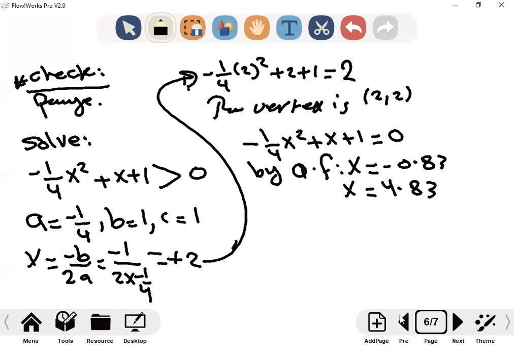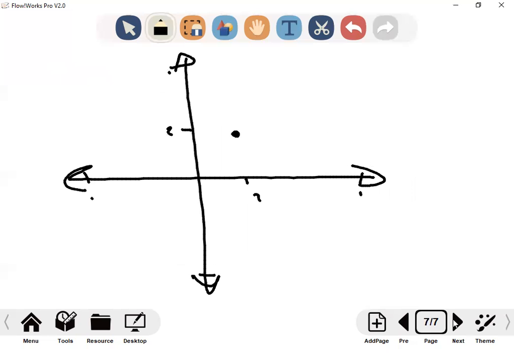Is it between 0 and negative 1? It's close to negative 1, right? 4.83 is between 4 and 5, but it's close to 5, right? So plot them. Yeah, this is negative 1. This is the first point, right?